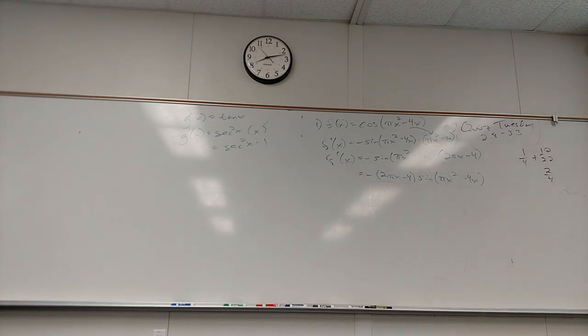So we get 7 sine 7x plus, and then what's going to happen here is minus 7 cosine 7x times 1 minus cosine 7x, and distribute this.